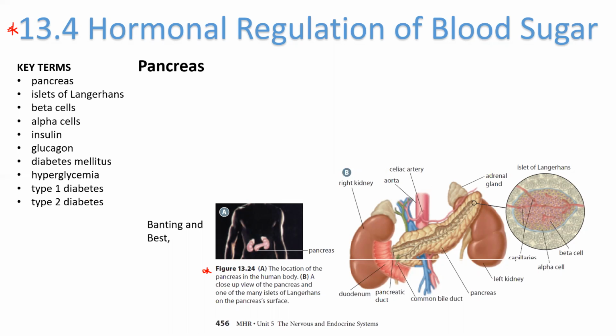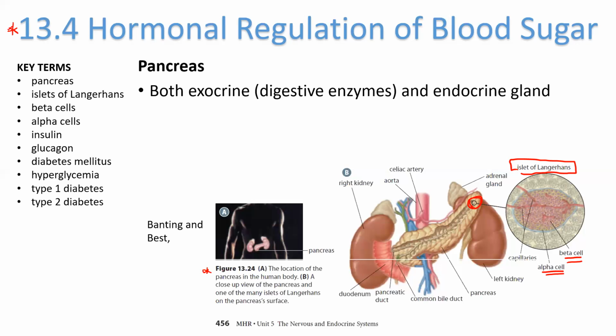Okay, but a very small percentage of these cells in the pancreas, very small, called the islets of Langerhans, these islands of cells have two different types of hormone producing cells. So the pancreas is also an endocrine gland.